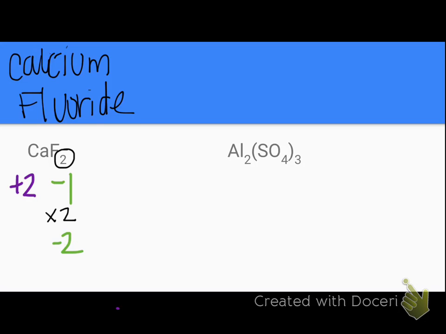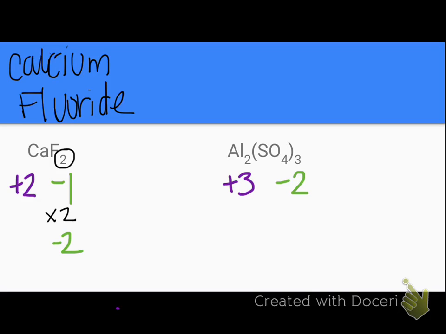An aluminum ion has what charge? +3. SO4 looks an awful lot like sulfate. Okay, here's where your ions are really going to start coming in. Sulfate has a -2 charge.